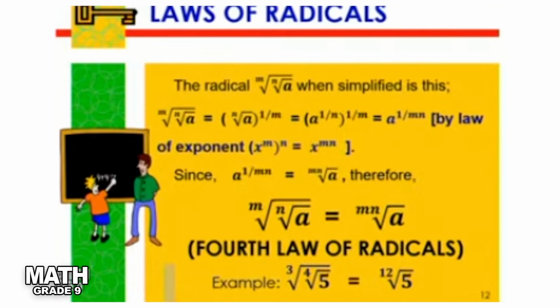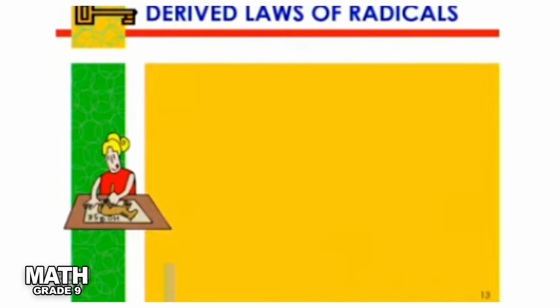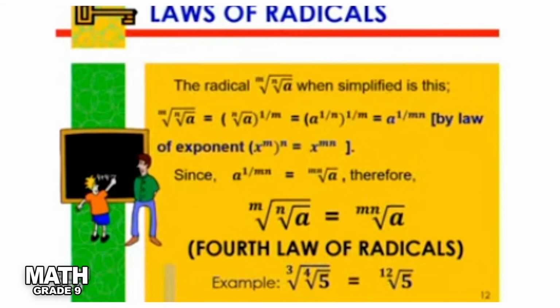By the law of exponent, the quantity of x raised to m raised to n is equal to x raised to m times n. Since A raised to 1 over n is equal to the nth root of A, therefore, the mth root of the nth root of A is equal to the mnth root of A. This is the last law of radical.